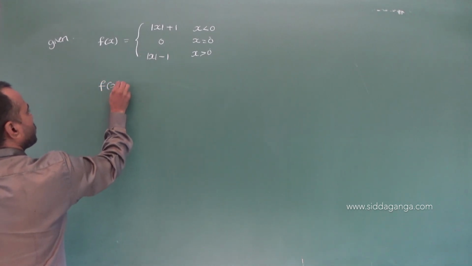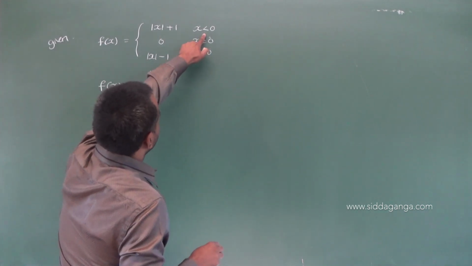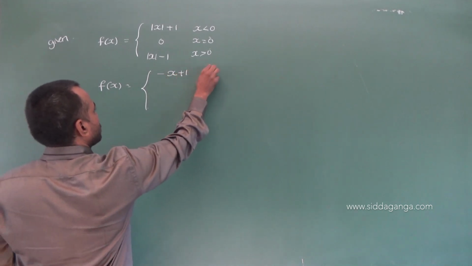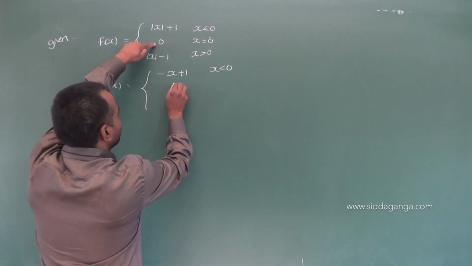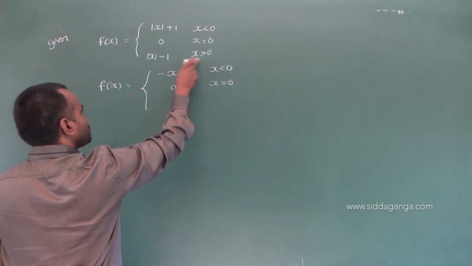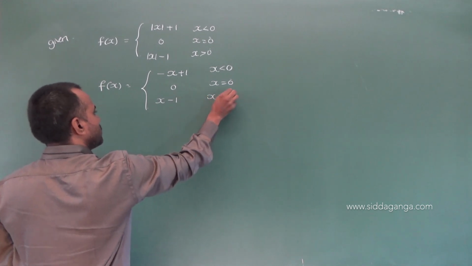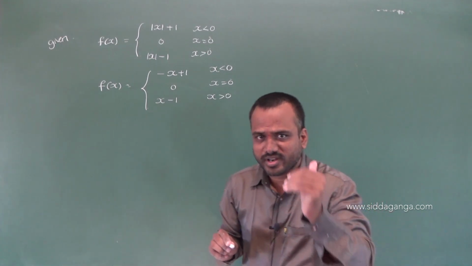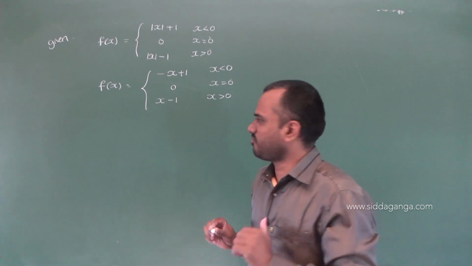So f of x is equal to, we write once again: for x less than 0, mod x is minus x, so minus x plus 1, x is less than 0; 0, x is equal to 0; for x greater than 0, mod x is plus x, so x minus 1 for x greater than 0. We rewrite once again the given function.